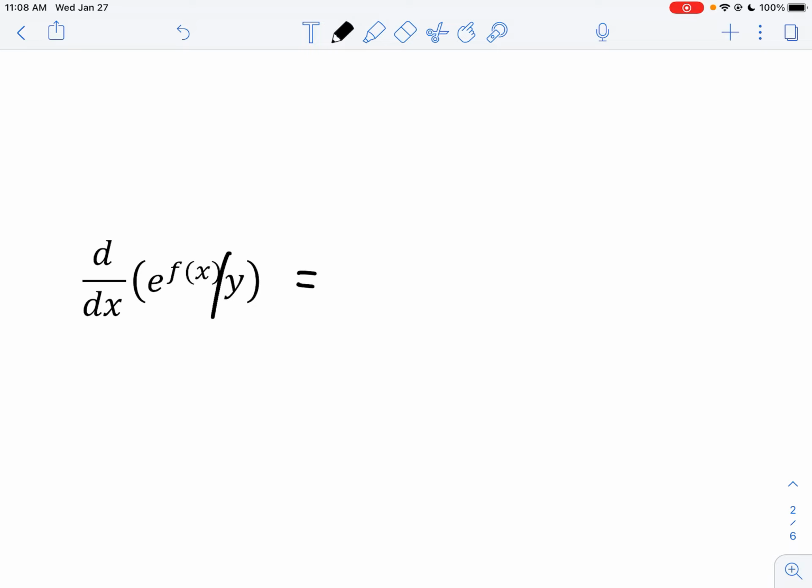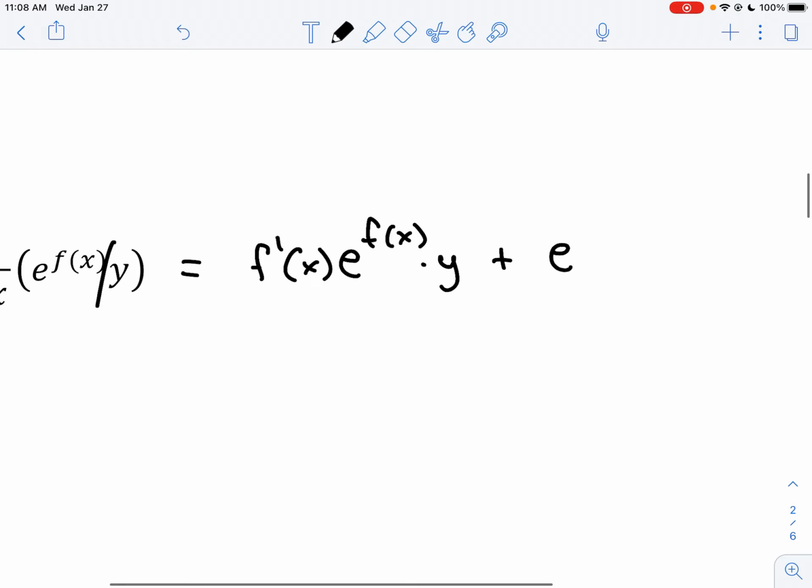And to do the chain rule on that, we have to differentiate the exponent first. So f prime of x times e to the f of x. So there's the derivative of the first factor times the second factor y, plus the first factor, which is e to the f of x, and then times the derivative of the second factor. So I'll just put y prime there.